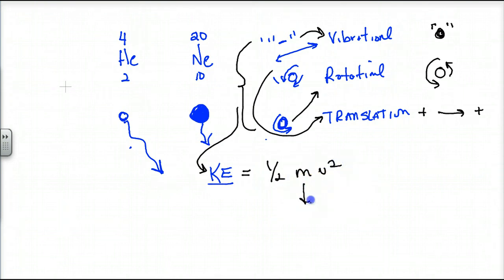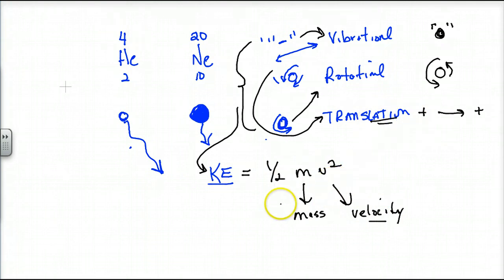This is mass, and this is velocity. So we're considering the velocity, and that's really translational. So 1/2 the mass times velocity squared.